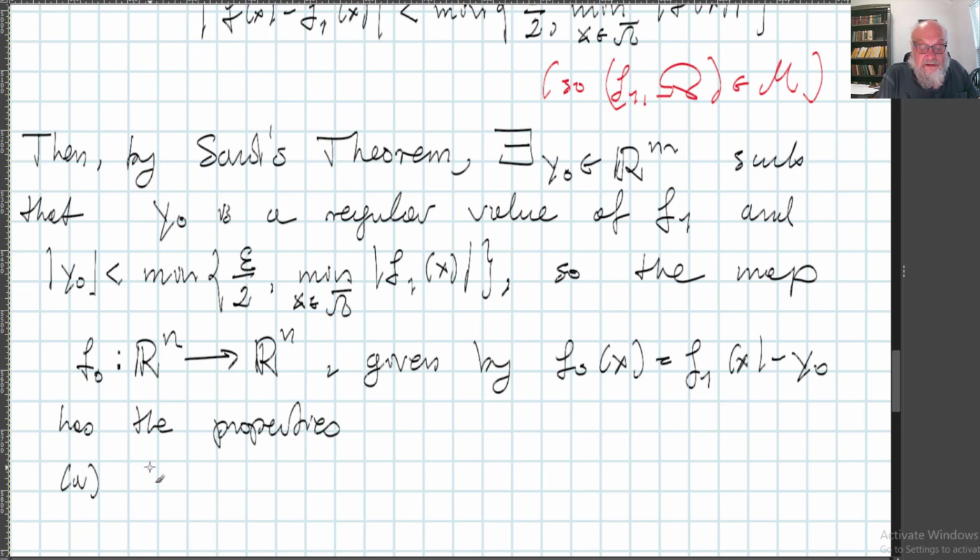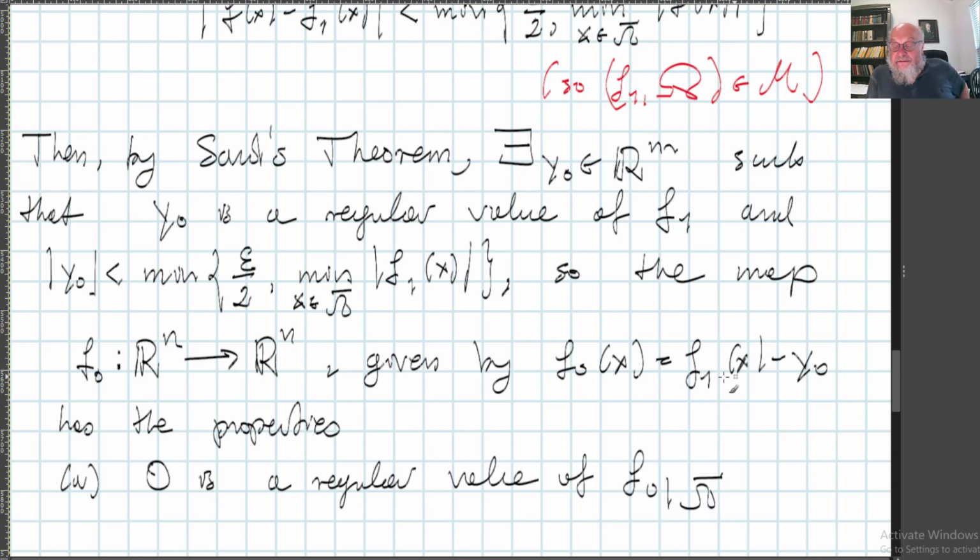The first one: 0 is a regular value of F0 restricted to omega bar. Why? Because Y0 is a regular value of F1, and that's exactly the property that guarantees that there are no critical points of F0 in omega.